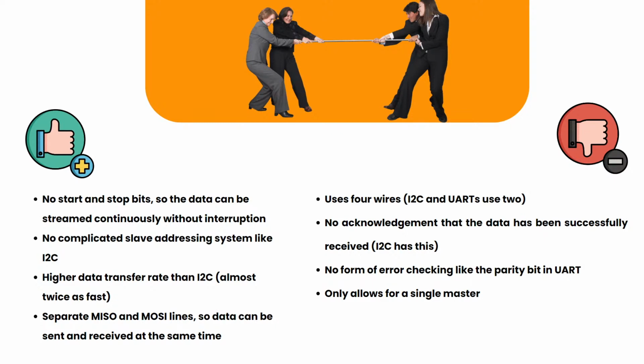The master is going to send data to the slave, and the slave is going to receive the data from the master. So note that ESP8266 is the master and Arduino Uno is the slave. Let us write the code first.